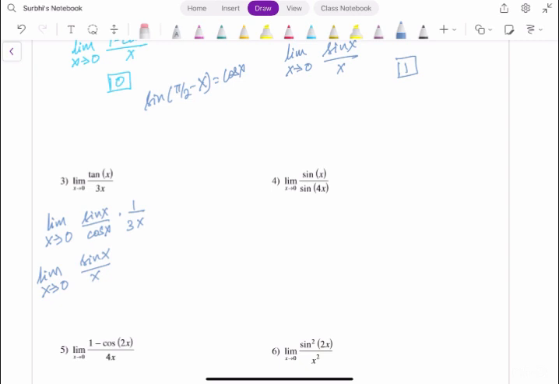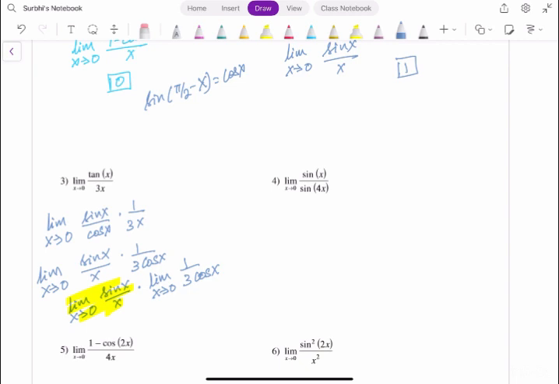So let's write x here, and then I will also multiply by x in the numerator. Because we are just separating, right? We are not multiplying anything. From 3x, I just took the x out. So limit as x approaches 0, sin x over x, that will be 1, and we are left with 1 over 3 cos x.